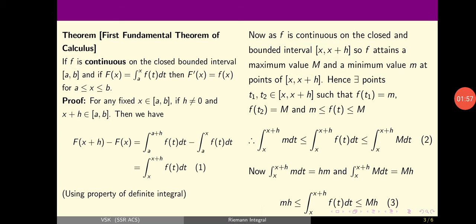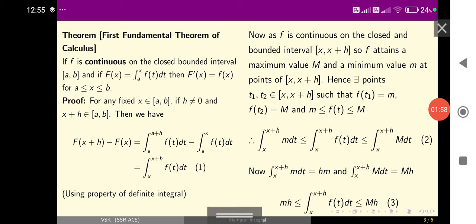So there exist points, say t1 and t2 of this interval, such that f(t1) is equal to m. At some point t1 it will attain the value small m, and at some point t2 f will attain the value capital M, and the general value f(t) lies between small m and capital M.